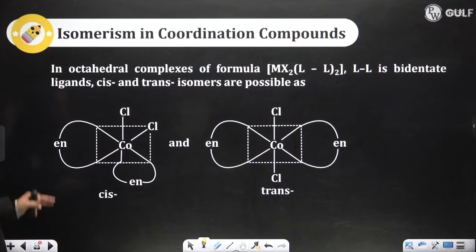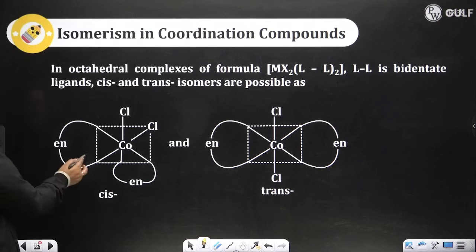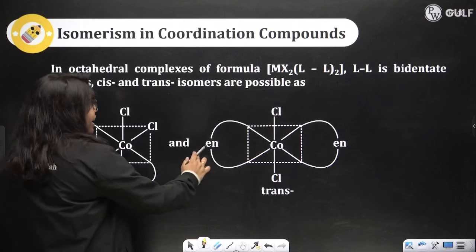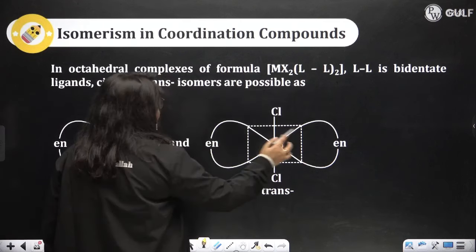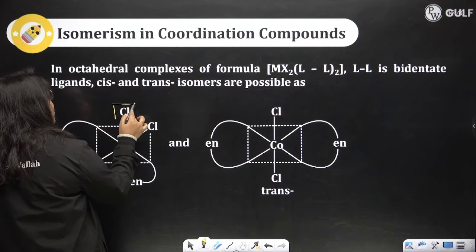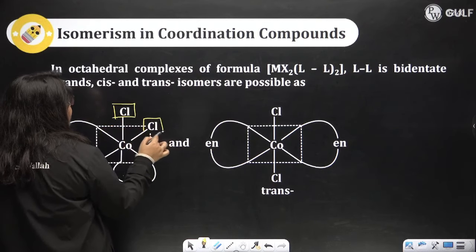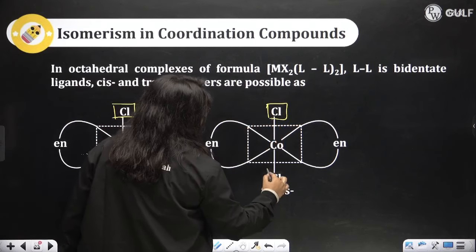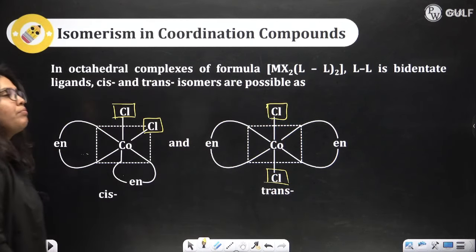Now, when you look at this particular one, en, cis. En on the opposite sides, trans. Or you can see with respect to chlorine also: chlorine, same plane, cis; chlorine, opposite plane, trans.